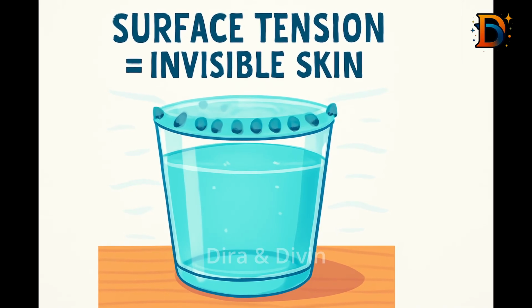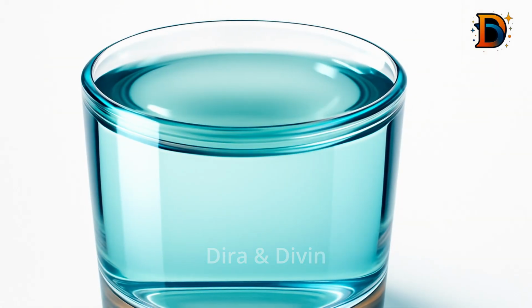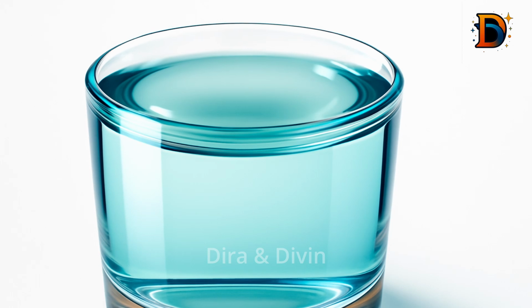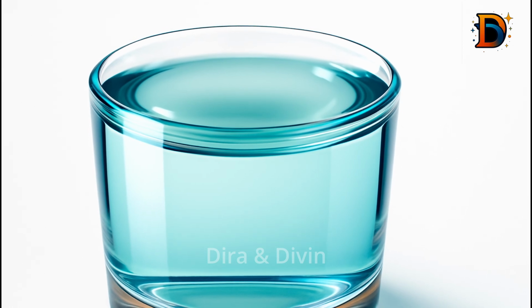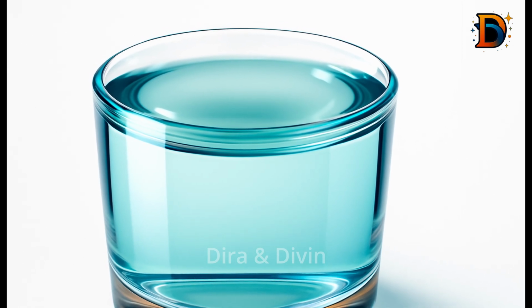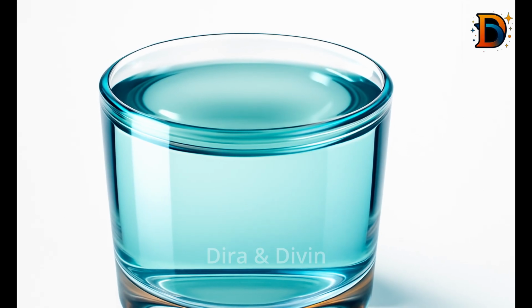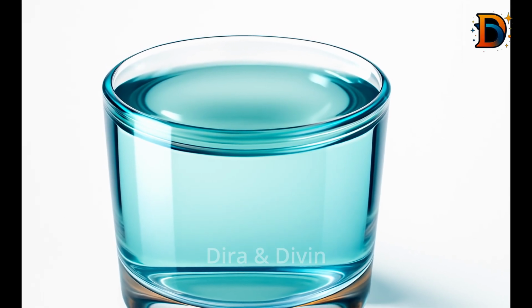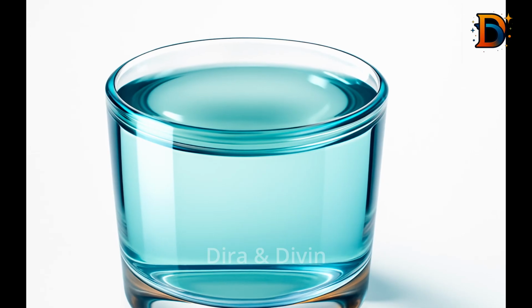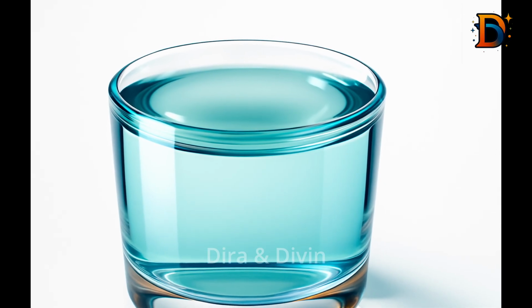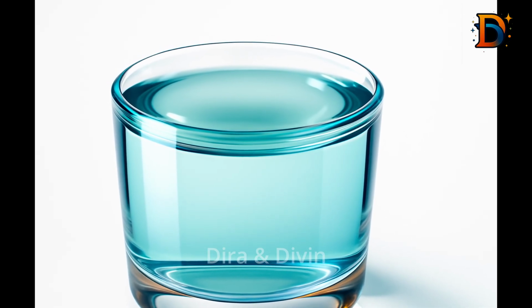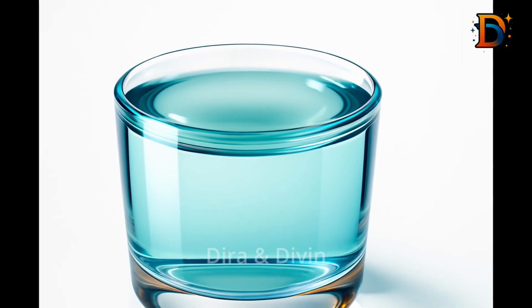Real life example. When you fill a glass of water to the very top, you might see the water standing above the rim like a hill before it overflows. That's because surface tension is holding the water together, not letting it spill easily.